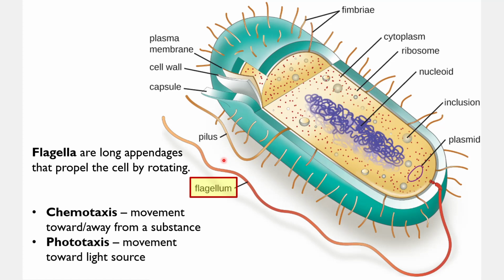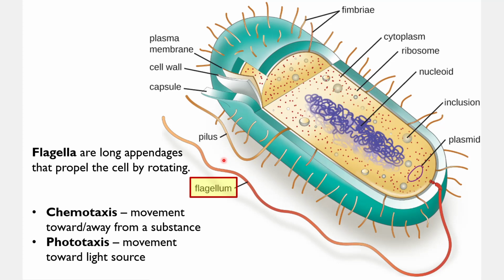Phototaxis is also possible, and this is the movement of bacteria towards a light source. This is particularly useful for microscopic organisms that are able to perform photosynthesis because this allows them to move towards their primary fuel source of sunlight.